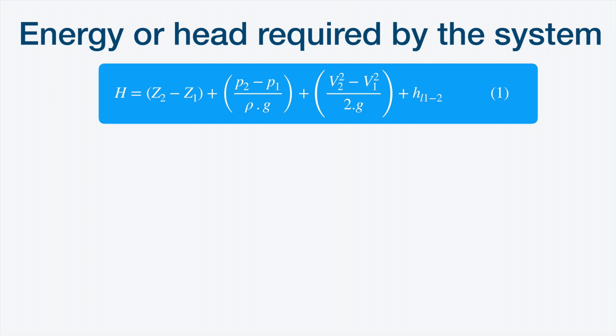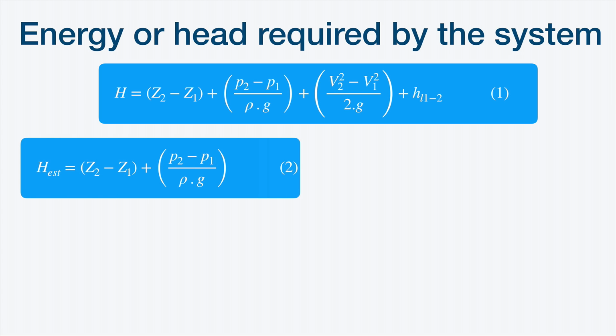So the head required by the system, or the head that the pump should add to the system, is equal to the difference between the geodetic heads plus the difference between the pressure heads between point 2 and point 1 plus the difference in velocity head between these two points plus the pressure losses.